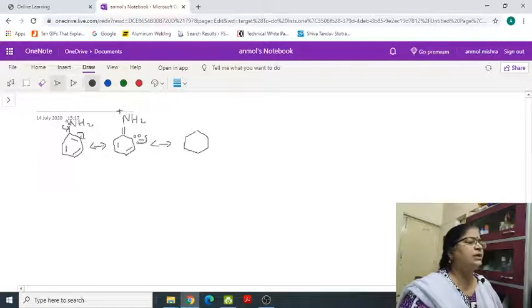This electron pair will move here and this bond will move here. So again the electron pair will move here and a bond will form here. So you can see that the electron pair which was present on nitrogen is involved in resonance.